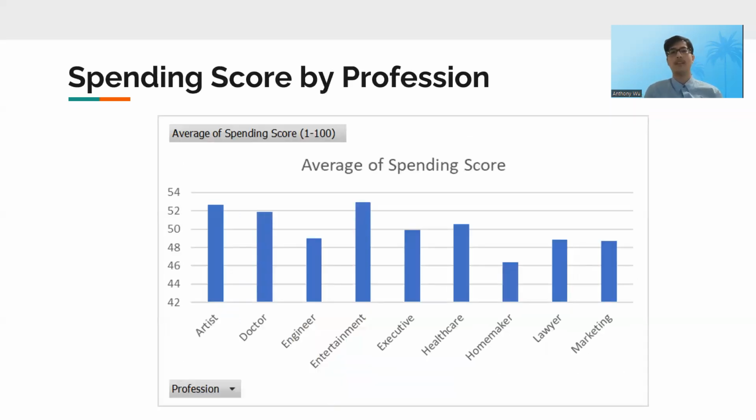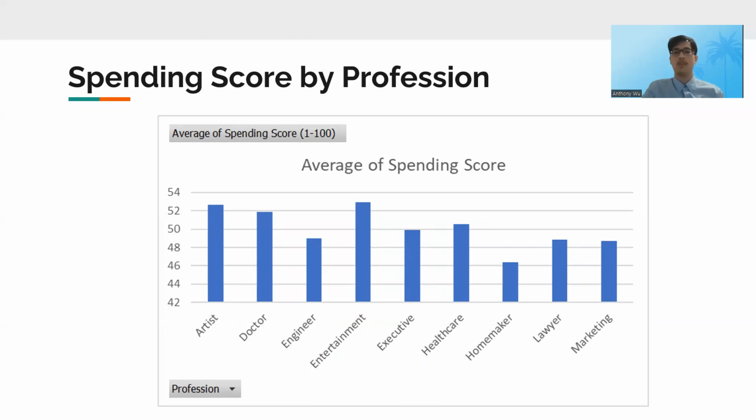The next one we have is spending score by profession. This will also be useful to know by the store owner, since if a profession has a higher spending score, it will also be good to focus on them. Now, as you can see, the range of spending scores between professions isn't actually that high.